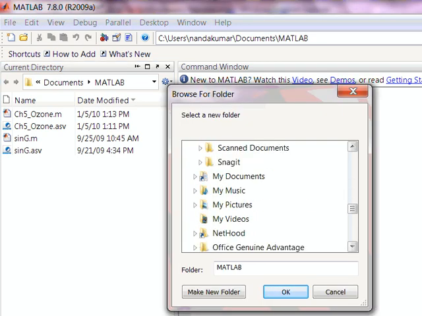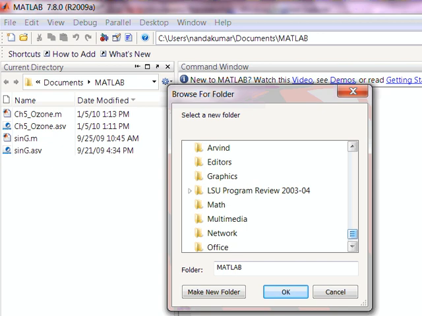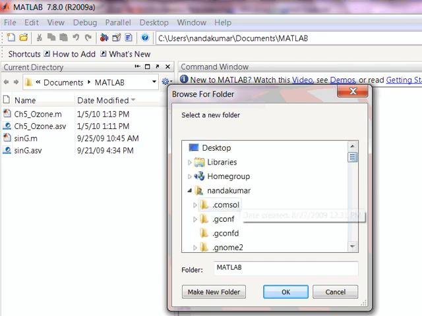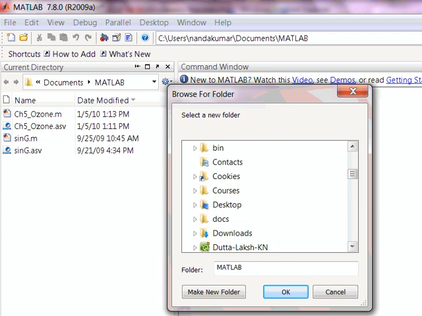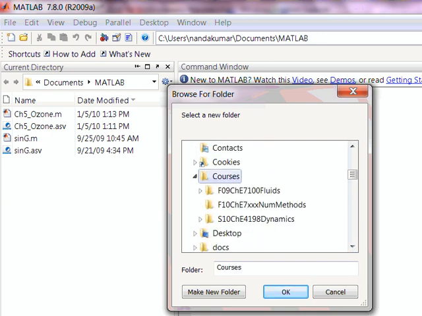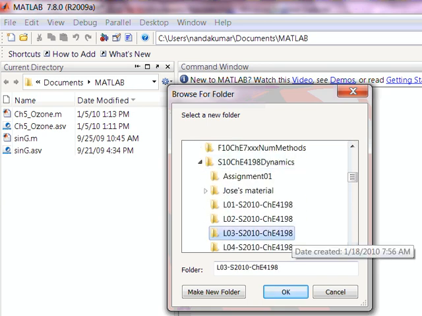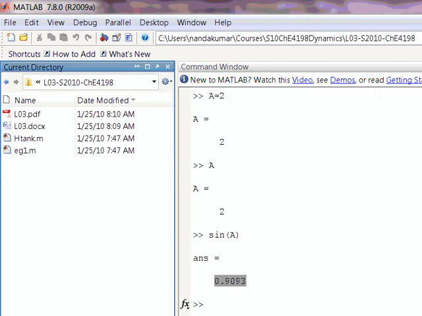So in my case, for this particular lecture, where do I have it? Courses. Lecture 3. Okay. So I'm selecting Matlab, say use this as a current directory.